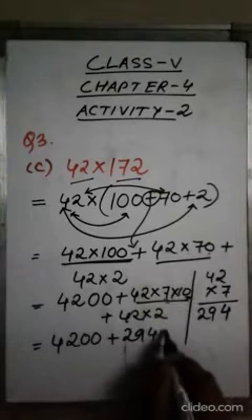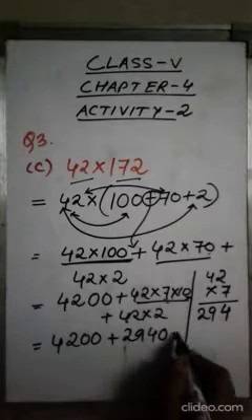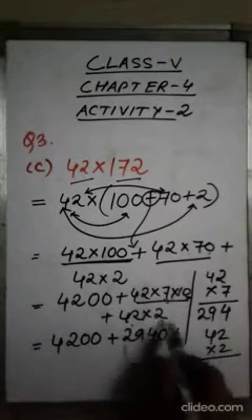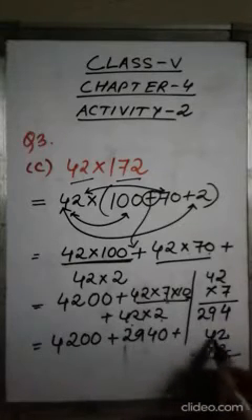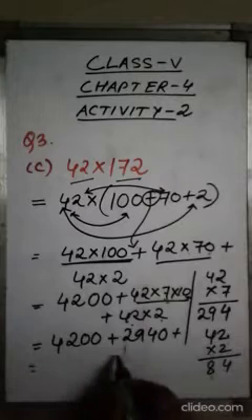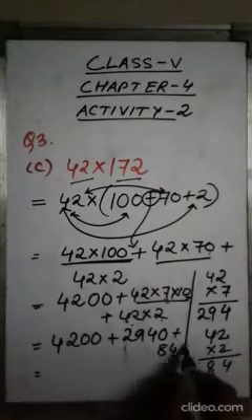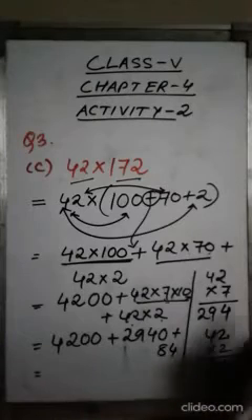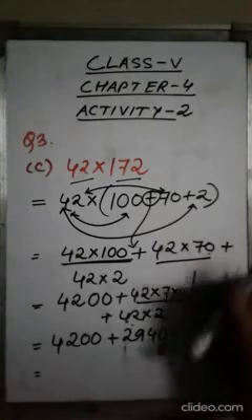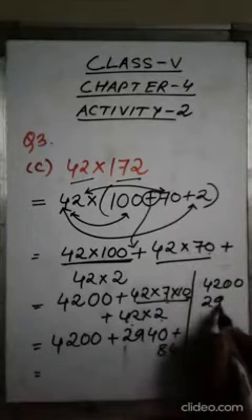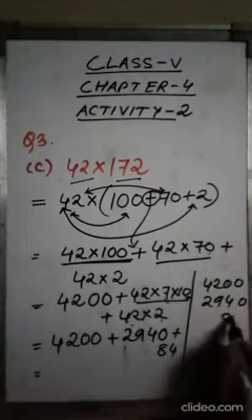The 0 with 10 you have to add, plus 42 into 2. This 42 into 2: 2 twos are 4, 2 fours are 8, 84. So you add the three numbers, 4200, 2940 and 84.